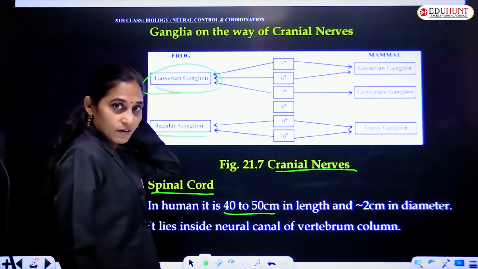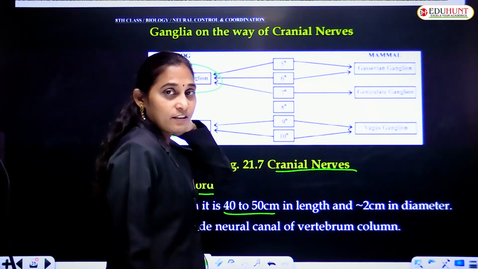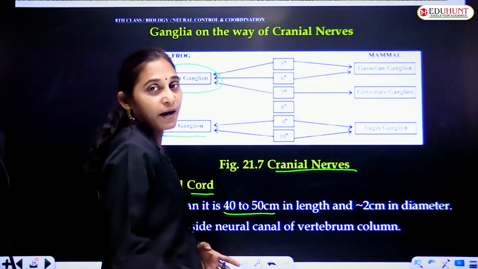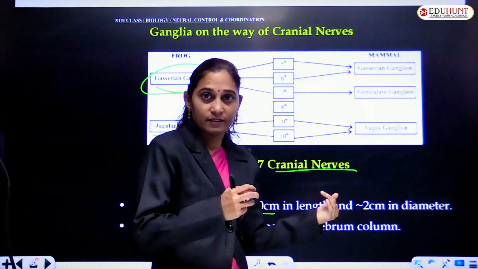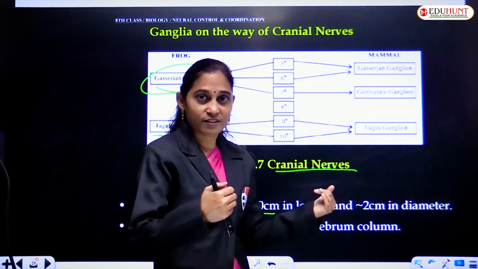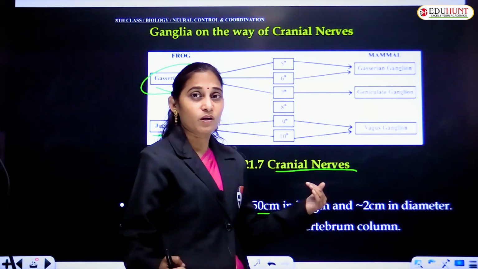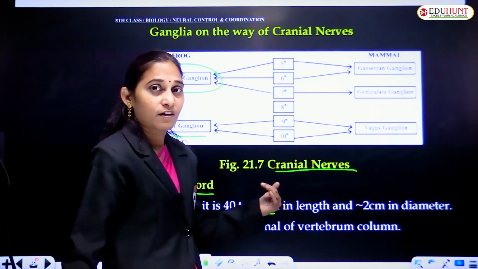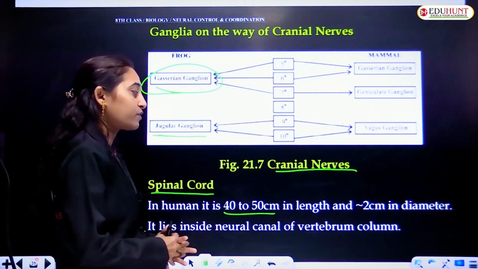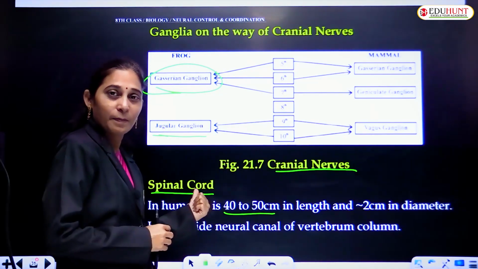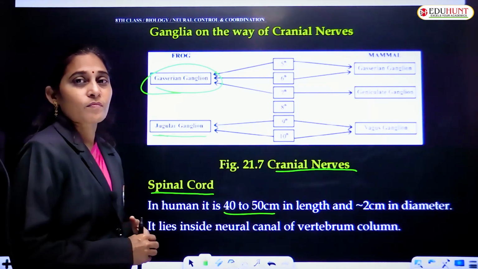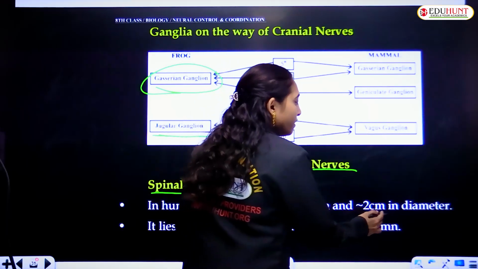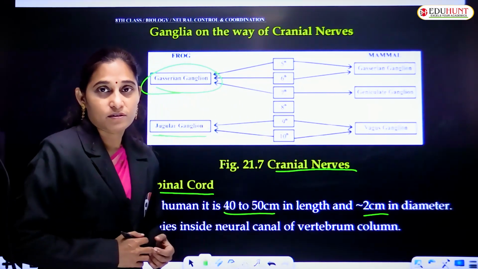The brain terminates into the spinal cord: from the medulla oblongata it emerges and extends into the vertebral column as the spinal cord. The length is 40 to 50 centimeters, and the diameter is approximately 2 centimeters.